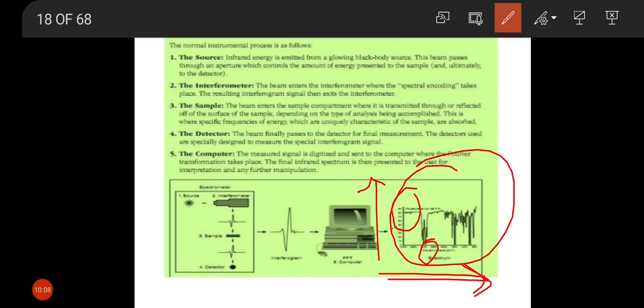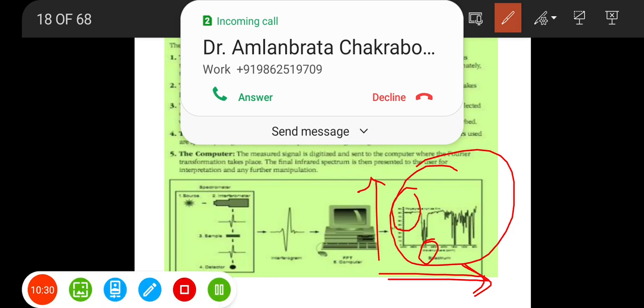That means these bonds can show different types of vibration on different wavelengths. It is not fixed that one type of bond will only absorb one type of wavelength.